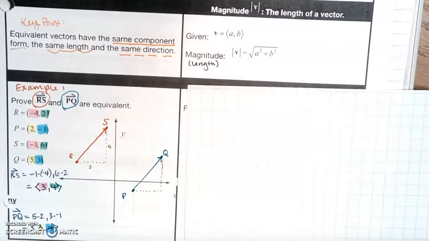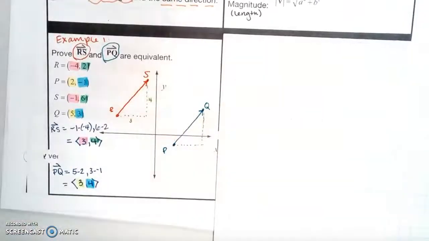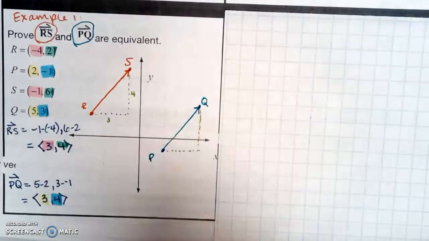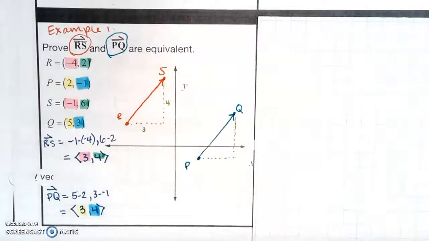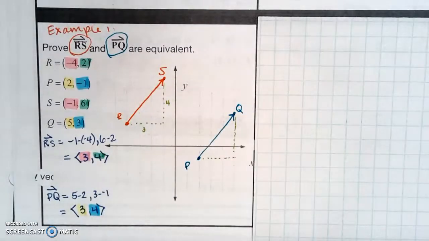Okay, so there's a lot going on here. Let me zoom in a little bit, make it a little bigger for you. So you're given 4 points. R is at -4, 2. P is at 2, -1. S is at -1, 6. And Q is at 5, 3.